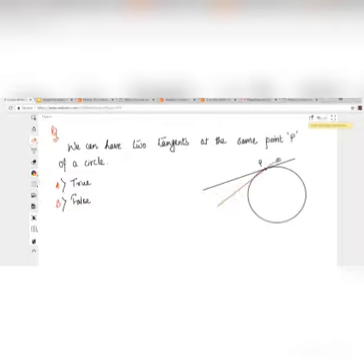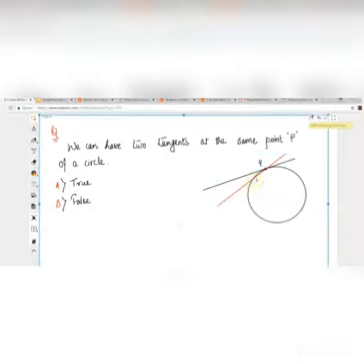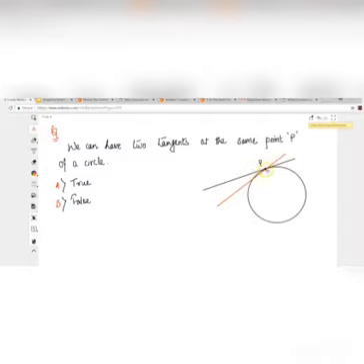Is it possible? See, I can draw a line at this point, but you see this is not a tangent because this is cutting this point, and it's not possible for me to draw any other tangent at this point. That means this statement is false. So I can have only one tangent at a particular point in a circle.